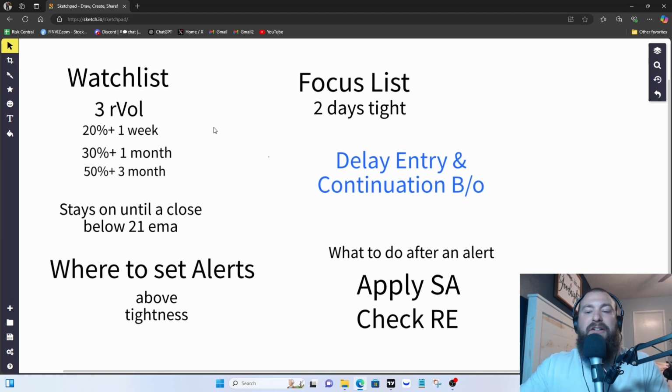So, very simply, I want to run scans to find big momentum today or momentum phase, right? A trending stock. And so the first scan that I run is a 3R vol scan, which is just today's volume is greater than 3 times the average volume.